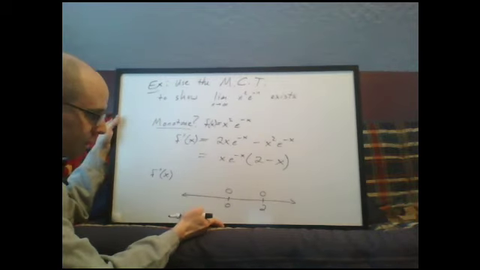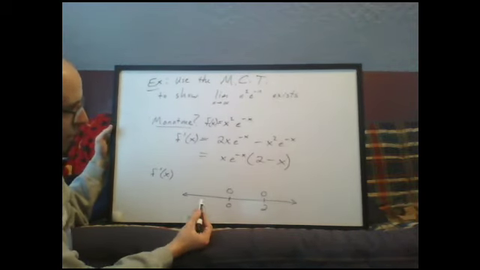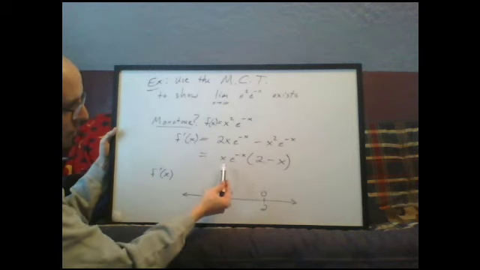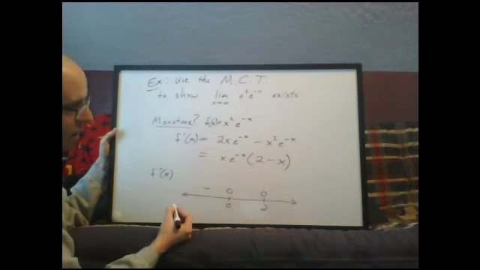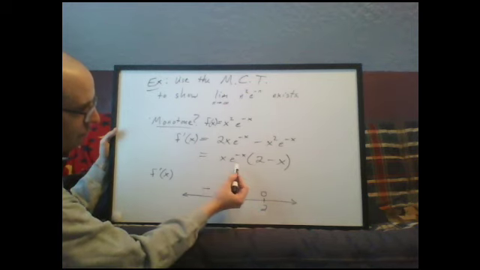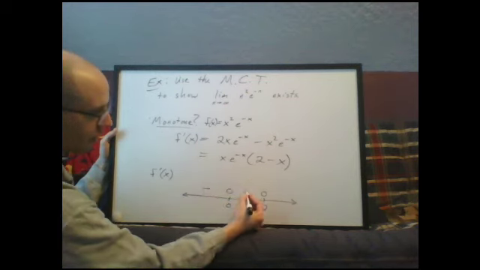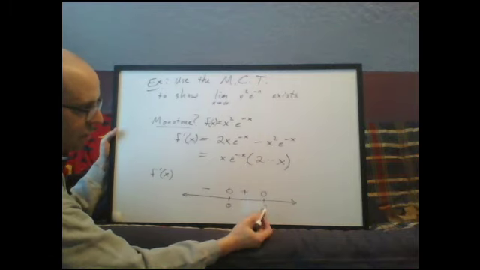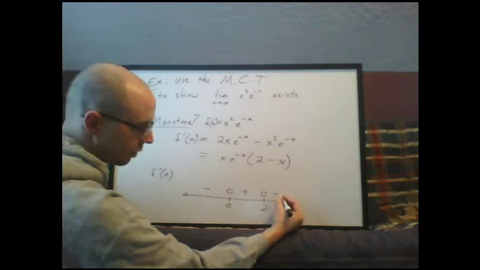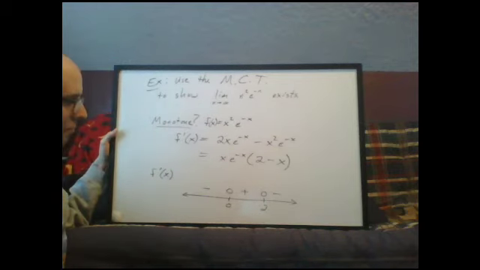And then if we plug in some test values, when x is negative, this will be positive, this will be positive, this will be negative, so this will be minus. When x is between 0 and 2, this will be positive, positive, positive. When x is bigger than 2, we'll have positive, positive, negative. So there's our sign chart.